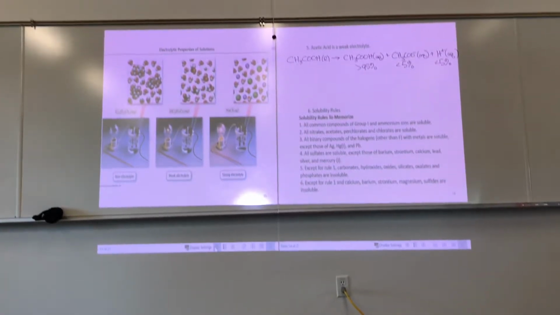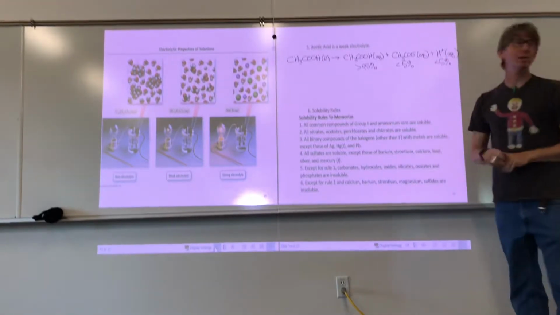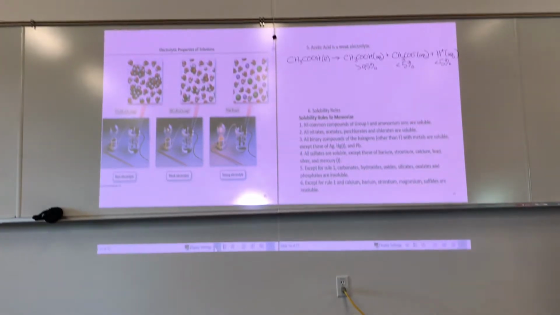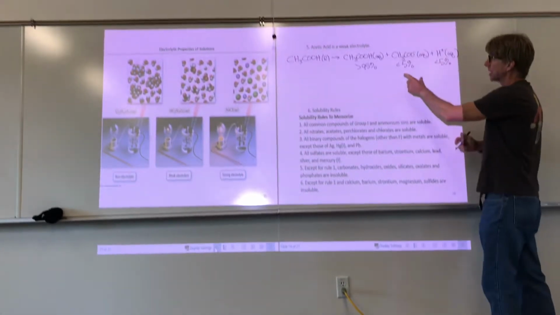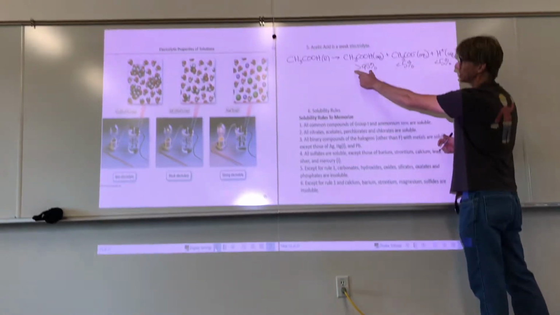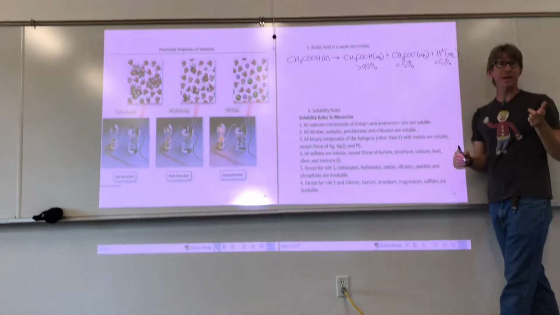And for weak electrolytes, well, weak electrolytes are the strange one, because we said that, yes, acetic acid and all weak electrolytes dissolve, but they make a small percentage of ions. Okay? And there's 100% stuff on the product side. I think that was a question. I forget who had it.